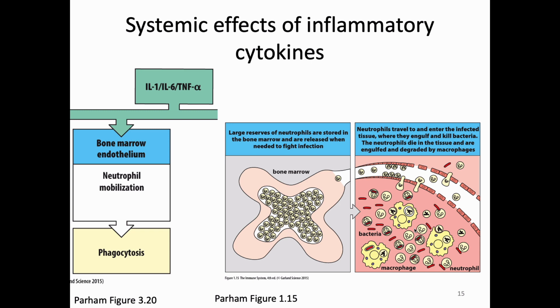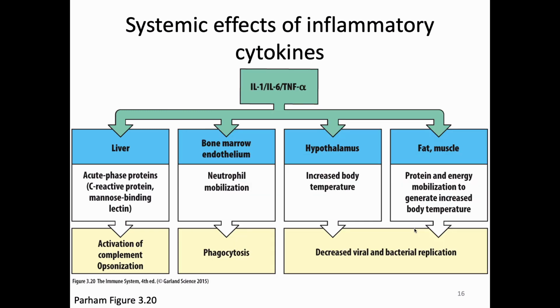There also are some other things that are going to happen. Some of those cytokines are going to work in the brain at the hypothalamus and on fat and muscle tissues, all of which are going to increase body temperature and also change some metabolism, which is going to impact body temperature.